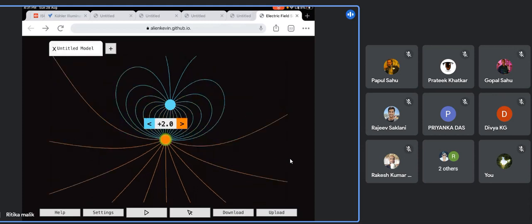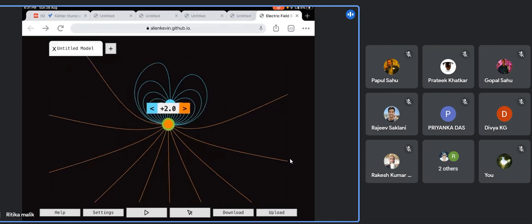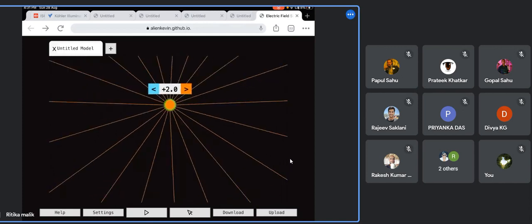And what I am going to do is go much farther away. As I go much farther away from this dipole, the field lines become straight lines, very much like the electric field due to a single charge. So it is confirming that if the charges are not equal, the electric field lines will not look like that of a dipole.